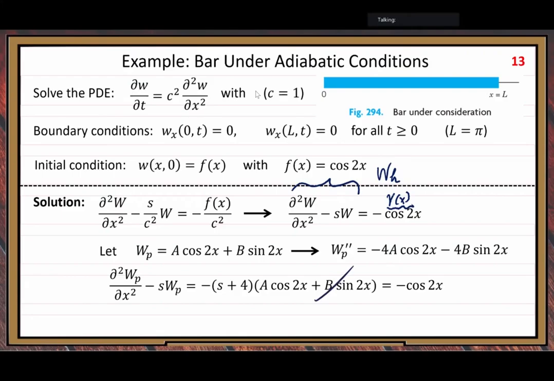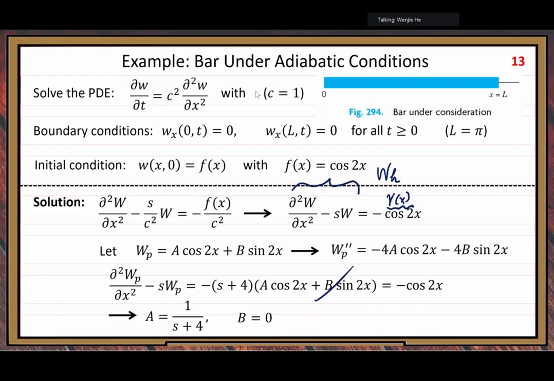So you can see from the comparison that the B term is gone. Only the A term is left, and we can find it easily. The negative terms on both sides cancel out, so capital A equals 1 over S plus 4, and B equals 0.